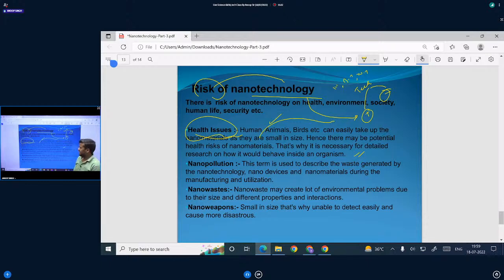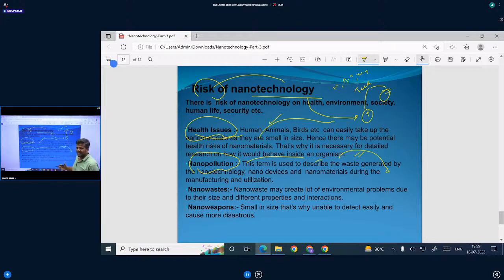Okay. Next, nano pollution. These nano equipments, nano devices, membranes, carbon nanotubes, graphene sheets. Okay. All these equipments and materials are not decomposed so easily.